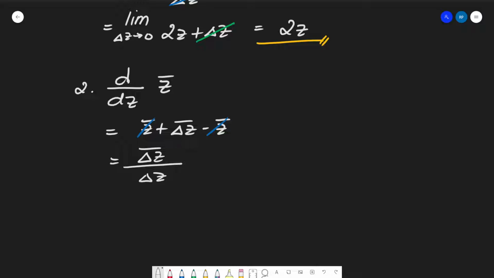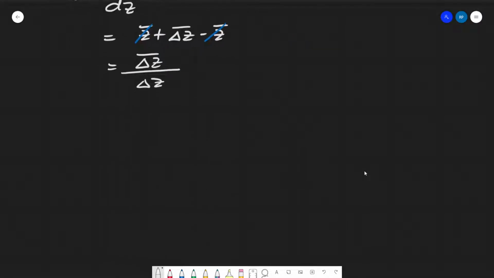And they cannot cancel. Why? The conjugate of delta z is different from delta z. Lastly, let's evaluate the limit of the conjugate of delta z over delta z as delta z approaches 0. And when we do this, it becomes undefined.